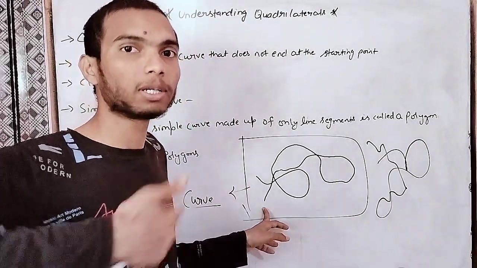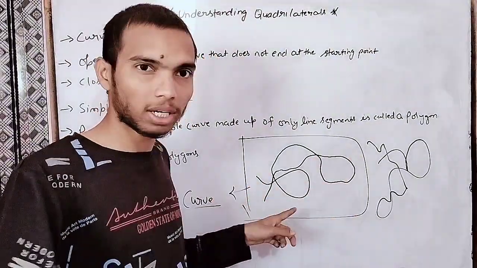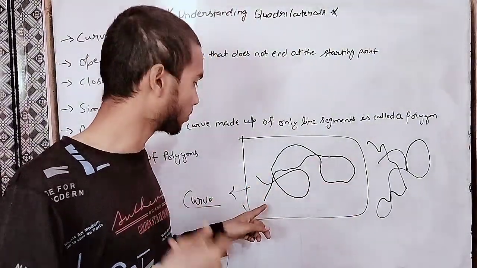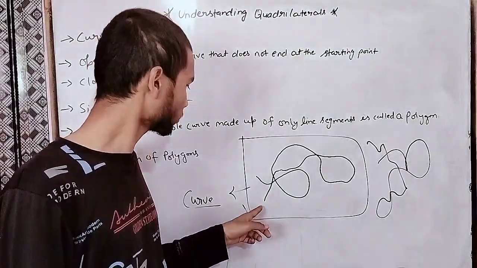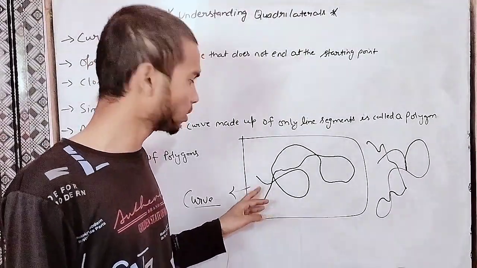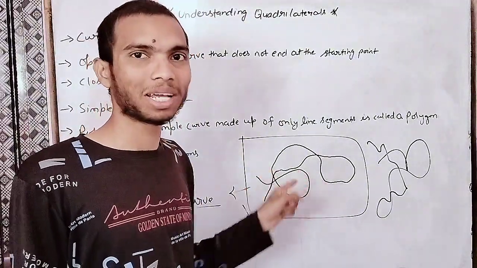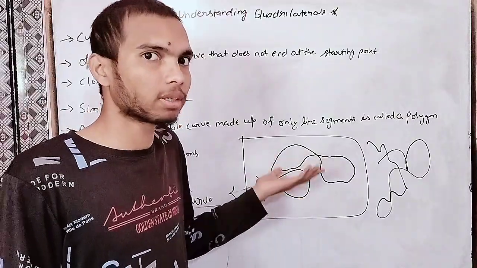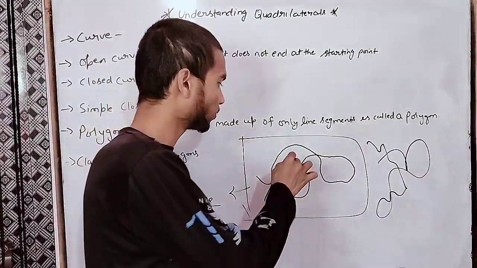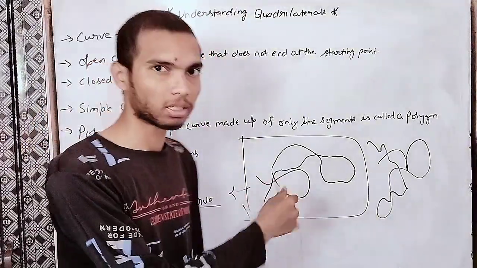So without lifting in between, when we are drawing a curve, without lifting the marker or pen, from the first point to the second point, this diagram will be known as a curve. So the condition is without lifting in between while making a curve.